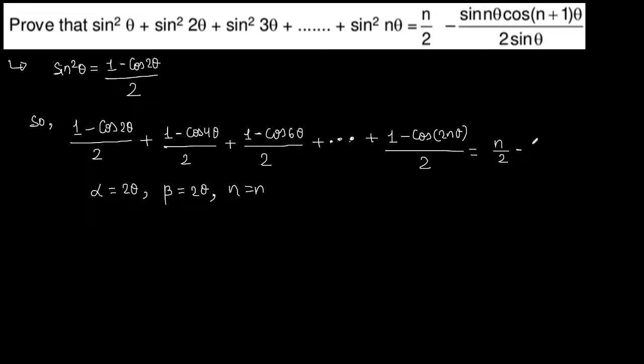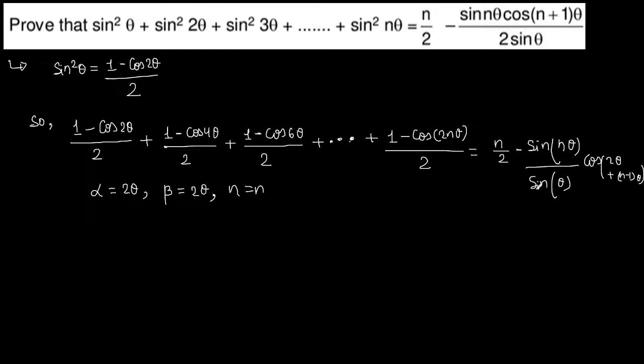So if you write this, it is sine n beta by 2, which is 2 theta by 2, upon sine beta by 2, which is theta. Here we have cos alpha plus n minus 1 beta by 2.